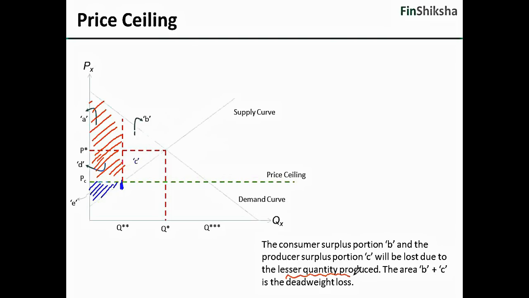There is lesser quantity that is produced. This is known as deadweight loss. So if an economy tries to control pricing by putting price ceilings, effectively sellers will resort to lesser production to this extent, which will result in a deadweight loss equal to area B plus C for the economy.